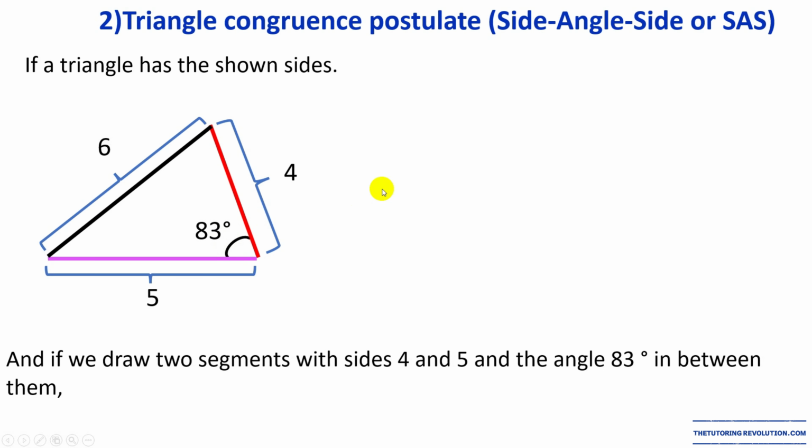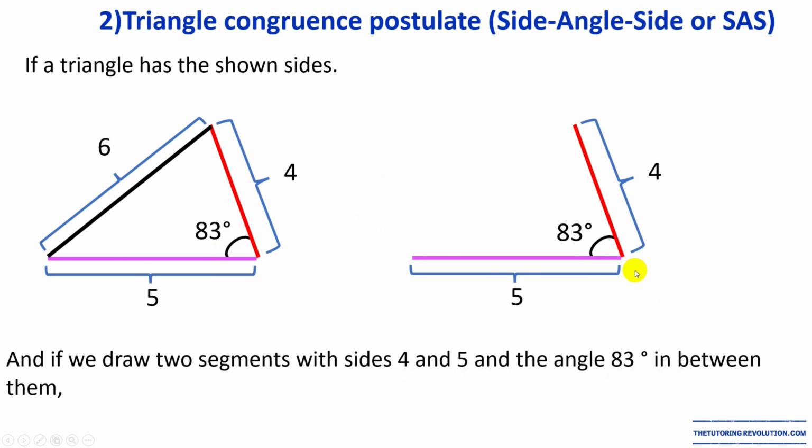Now, if we draw two segments with sides 4 and 5 and the angle 83 degrees in between them, like this, then if this postulate is correct, the segment in between these two points here has to be 6.